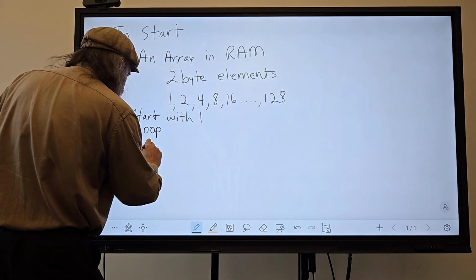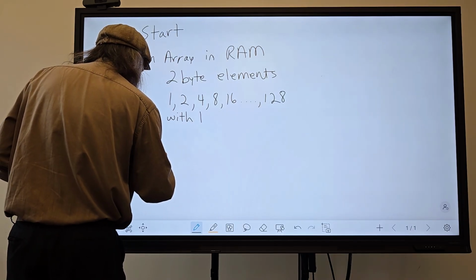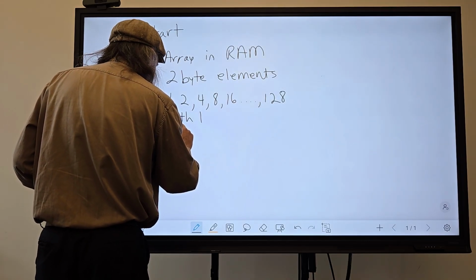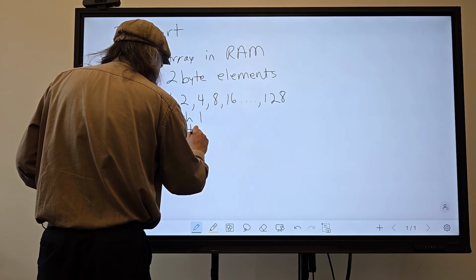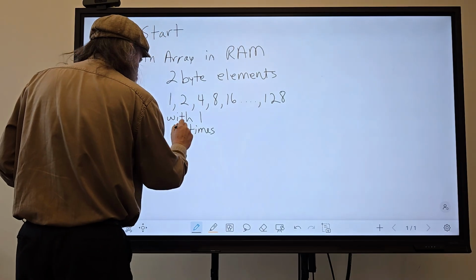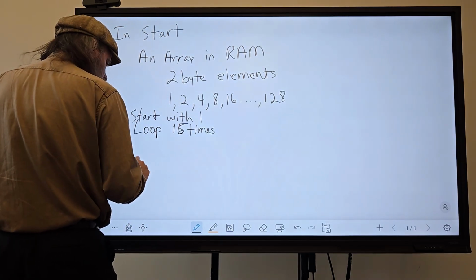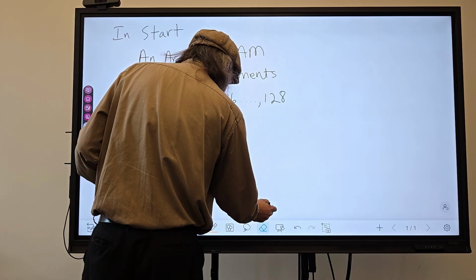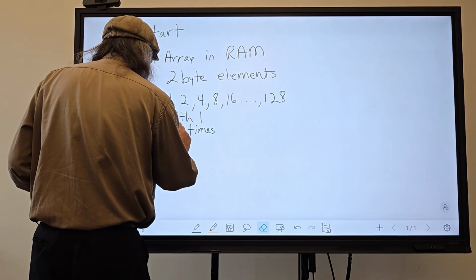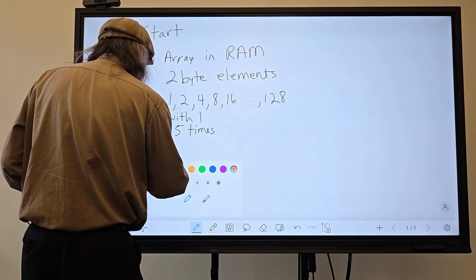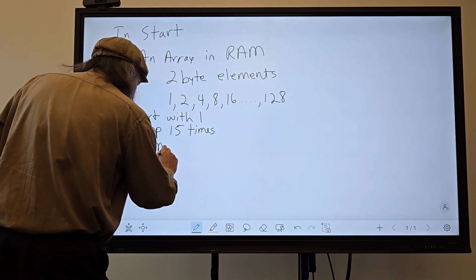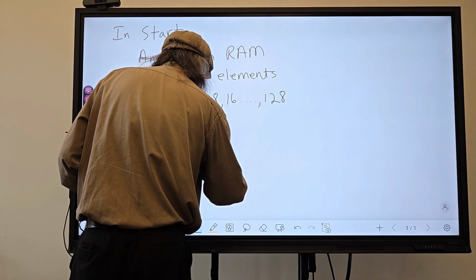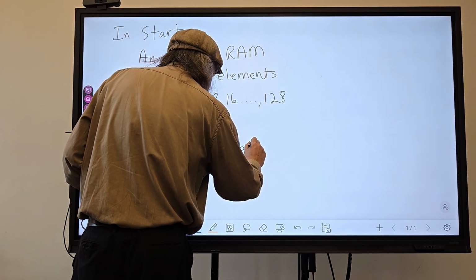Loop, and then each iteration, loop 16 times, or 15 times, and multiply your value by 2 each time.